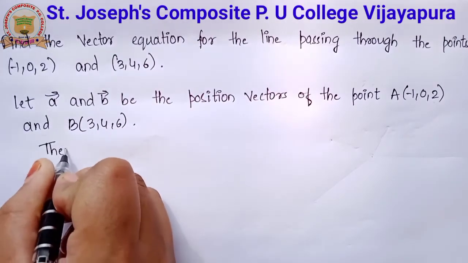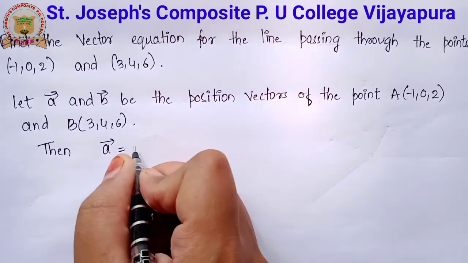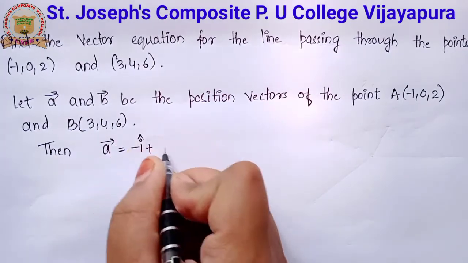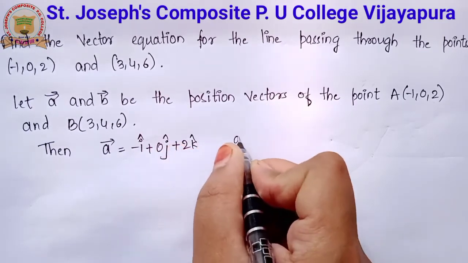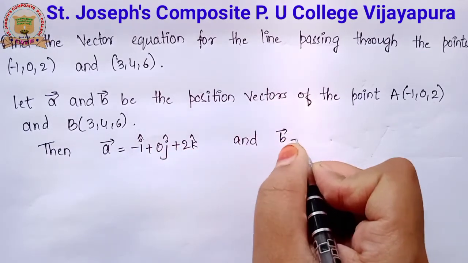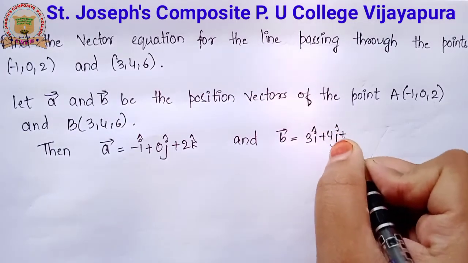Then we can write the position vector of A as -i plus 0j plus 2k, and the position vector of B as 3i plus 4j plus 6k.